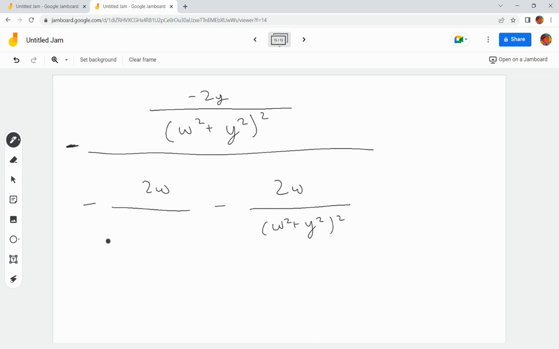I would put the negative sign there. W squared plus Y squared, squared. Sorry, one of them is X. It won't matter. They're all the same. But yeah, X equals 1, Y equals 1, Z equals 1.